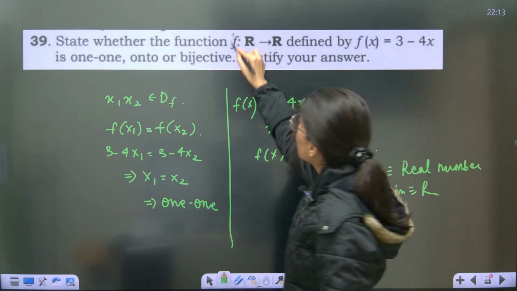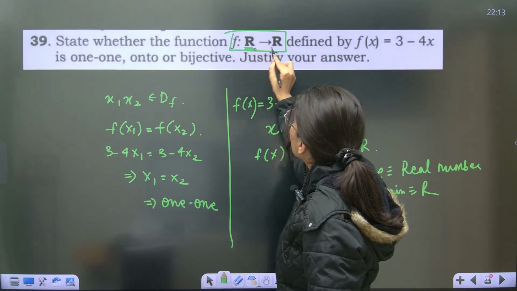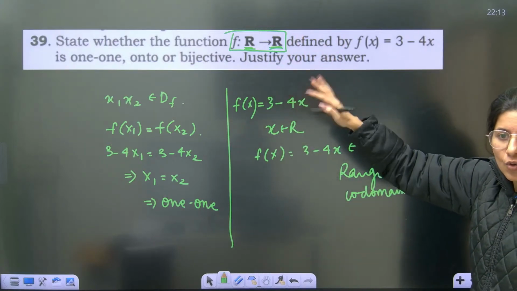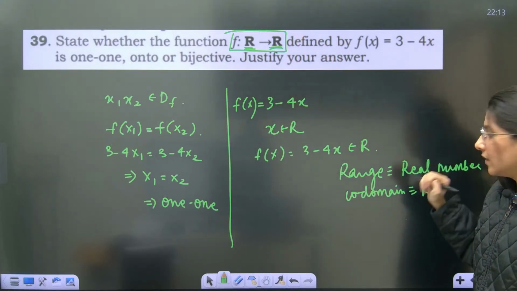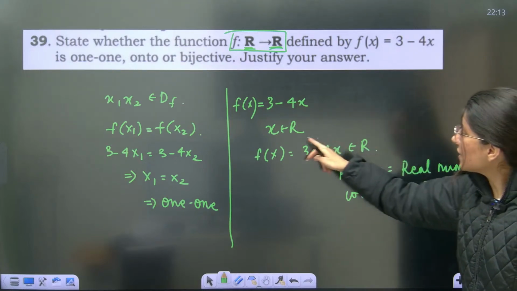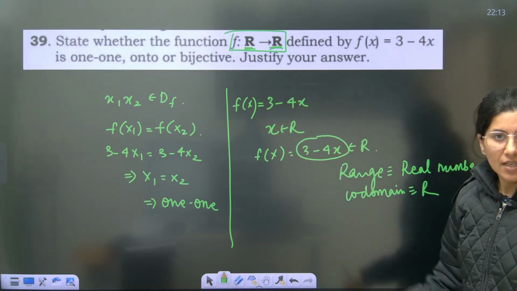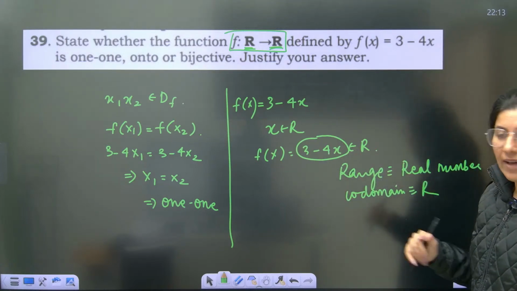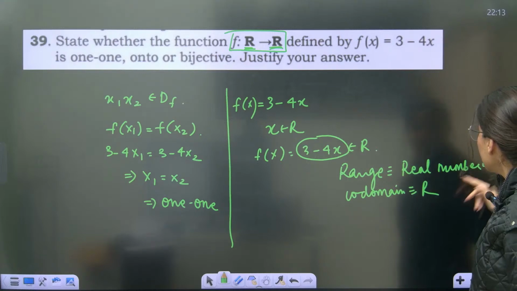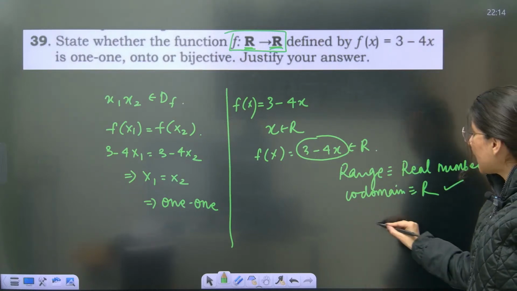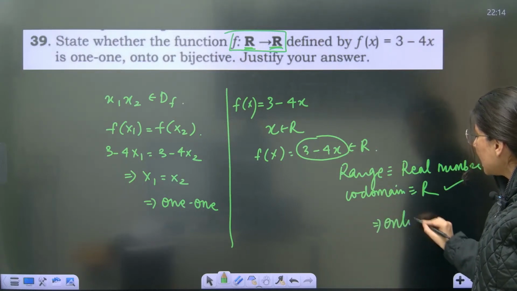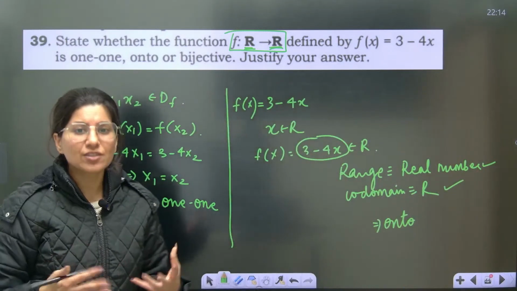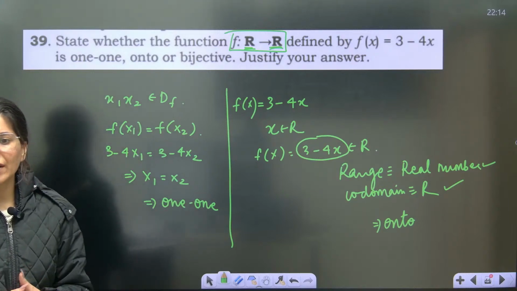So whenever this is given, understand, this is your domain, this is your codomain. Codomain is all real. And the range of this function, this is a straight line guys, the range of a straight line having slope minus 4 is all real. So codomain and range are equal. That means this is an onto function. Hence, this function is one-one and onto, or you can say that this function is bijective also. So we have justified our answer.